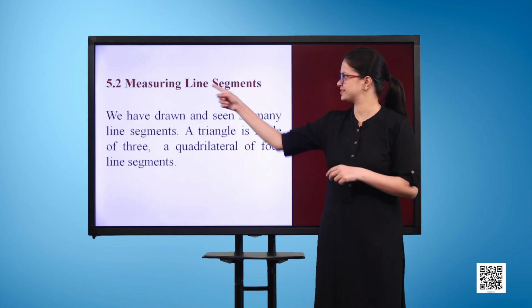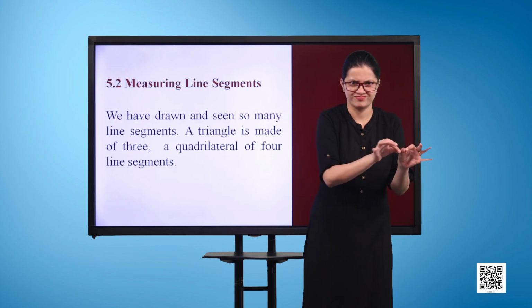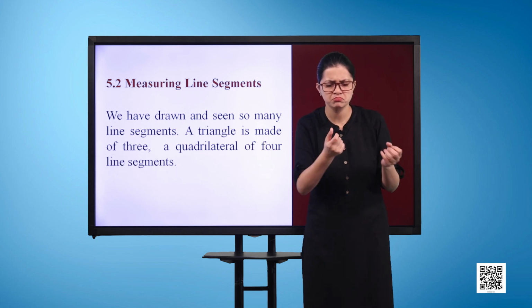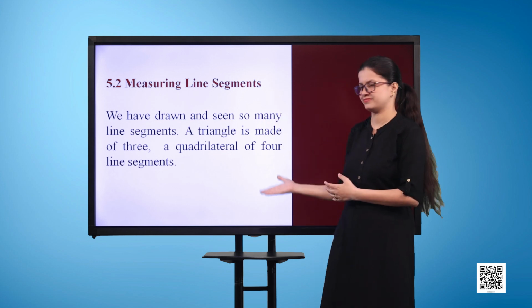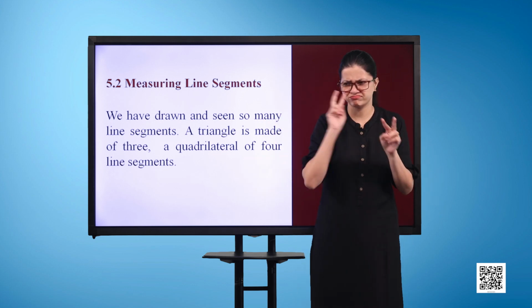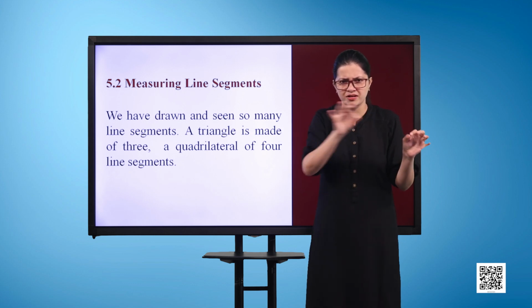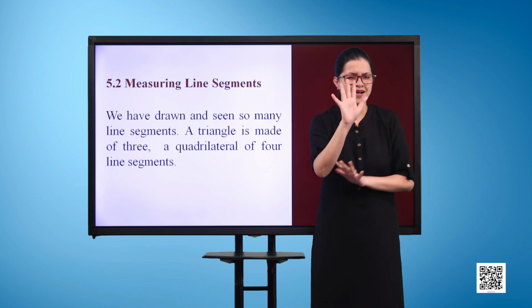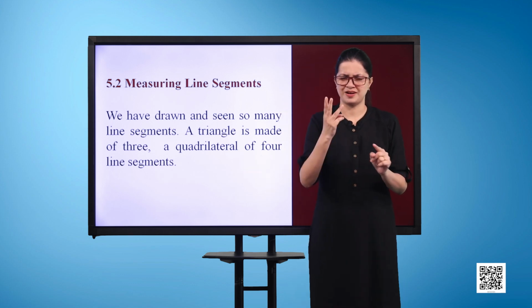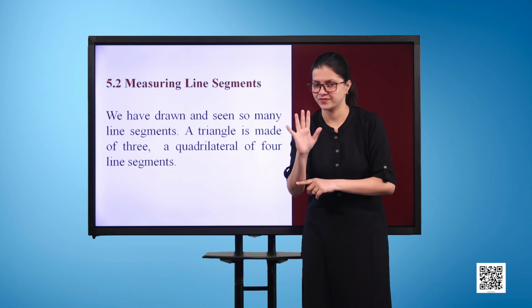(5.2) Measuring line segments. We have drawn and seen so many line segments. A triangle is made of 3, a quadrilateral of 4 line segments.